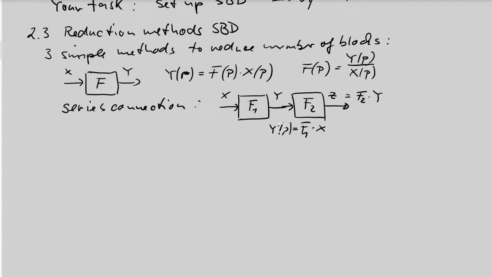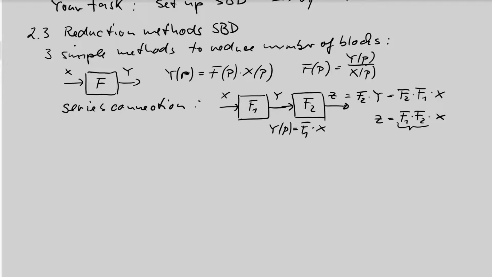Now I replace this y here, and I can directly write z is f2 times y, and y is f1 times x. So finally we have z is f1 times f2 times x.